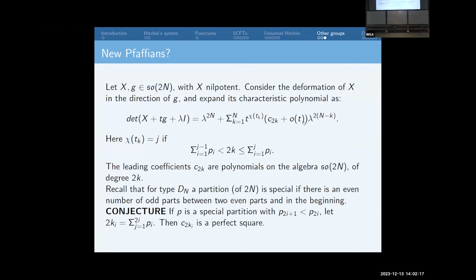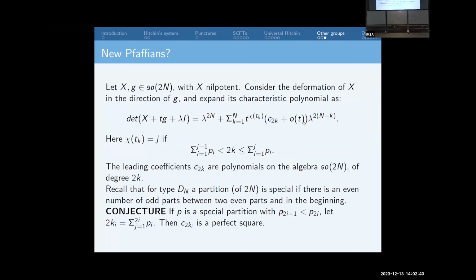And here's something that I find very intriguing. And again, I don't understand completely. So let X and G be anti-symmetric matrices, where X is nilpotent, G is generic. So we deform X in the direction of G. In other words, we look at X plus tG with t small.